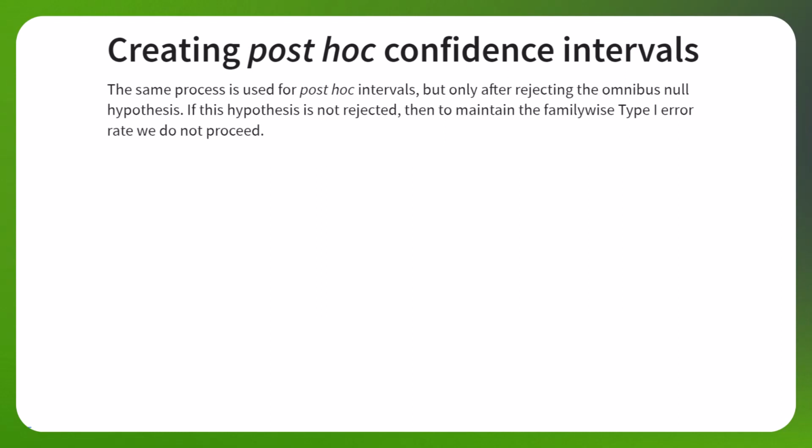If you do not reject the omnibus null hypothesis, you are done. At that point, you say you do not know if there are any differences. So your choices are to skip the omnibus hypothesis and go right to planned comparisons, or to conduct the omnibus hypothesis and only go to comparisons, which would be post hoc comparisons, if in fact you reject the omnibus null hypothesis.